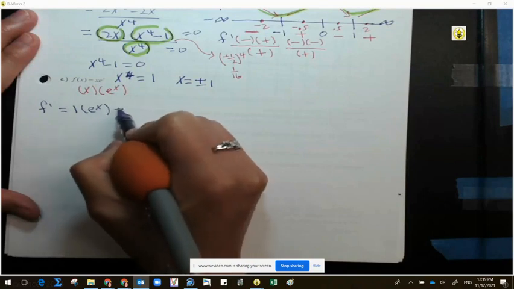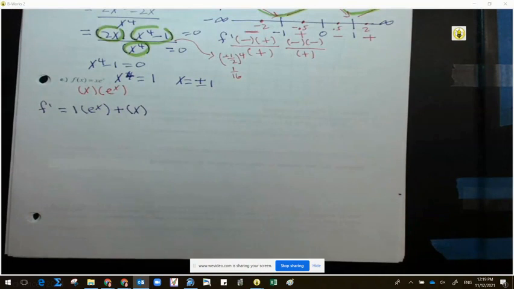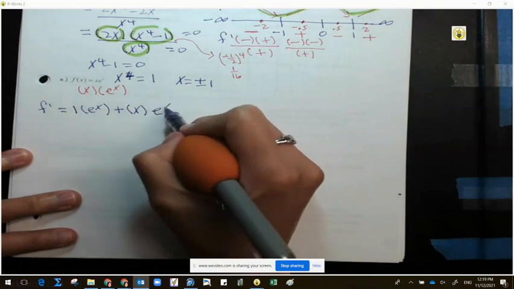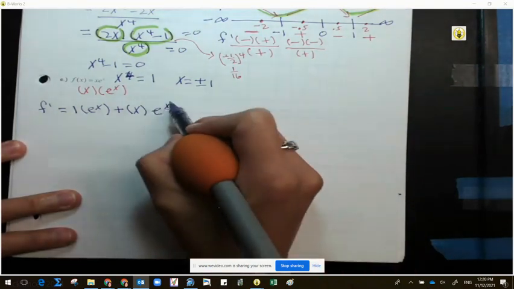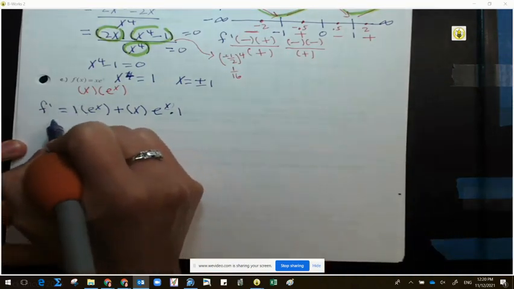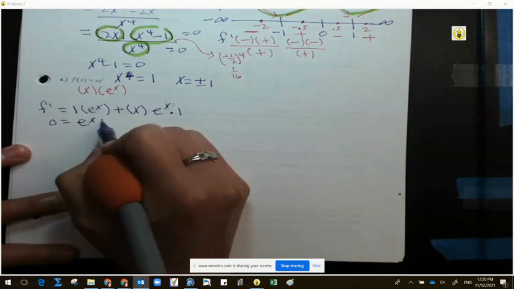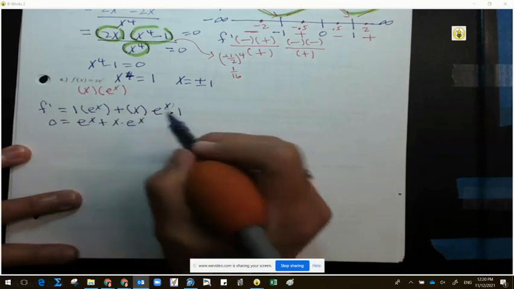And then we keep the first one, x. The derivative of e to the x is itself and the derivative of the power. So it is this in itself. What is the derivative of my power right now? 1. If you don't want to write the 1, you don't have to. Let's set this equal to 0, and I want to rewrite this without the 1s. So it looks kind of neat.